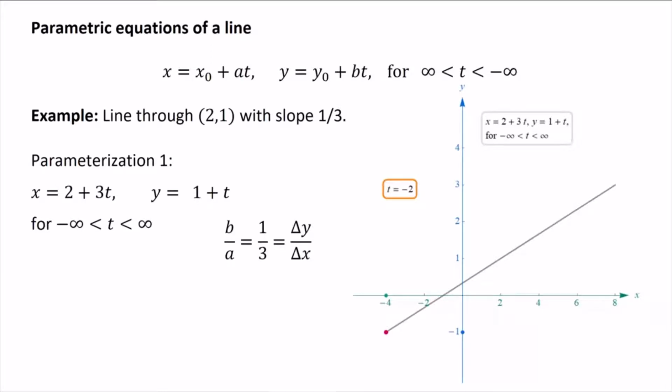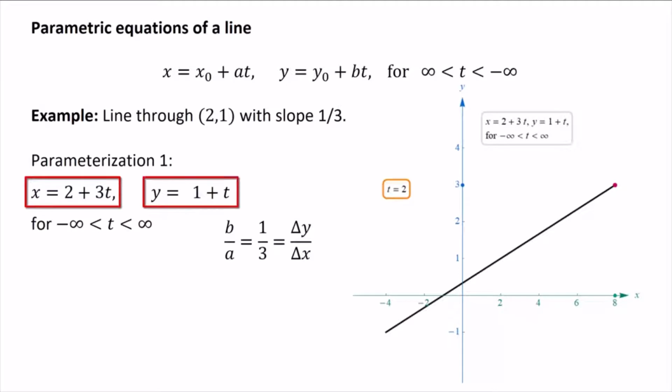As t increases, we trace the graph rising to the right, thus indicating the positive orientation. This seems reasonable because if we look at our equations for x and y, x equals 2 plus 3t and y equals 1 plus t, as t increases, both x and y must increase, which corresponds to moving to the right and up on the graph.